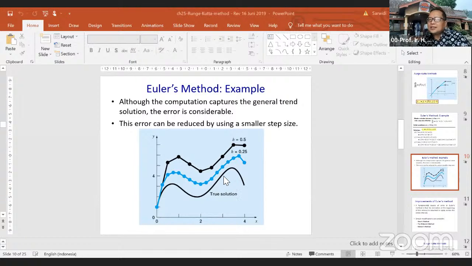The exact solution is at the bottom, the lowest position here is the exact value. As h or delta x becomes smaller, it becomes more accurate. If x increment becomes greater, of course the error becomes greater too.